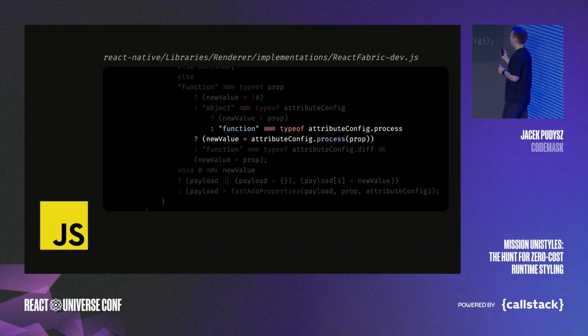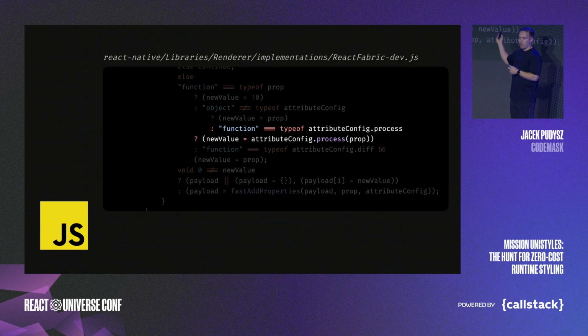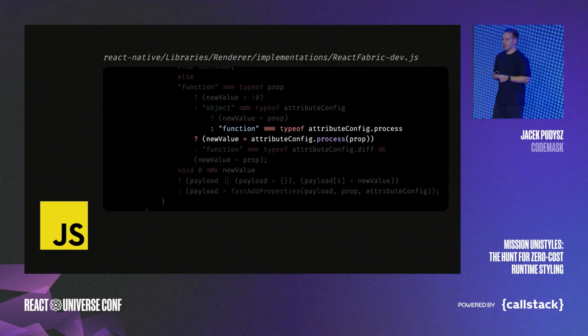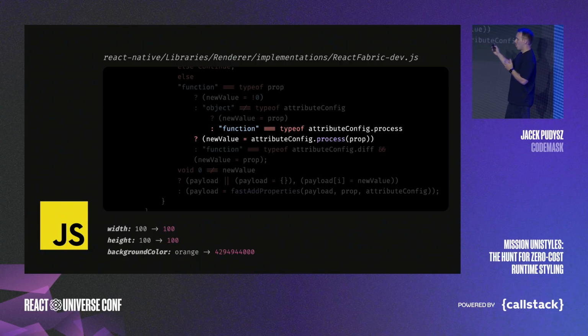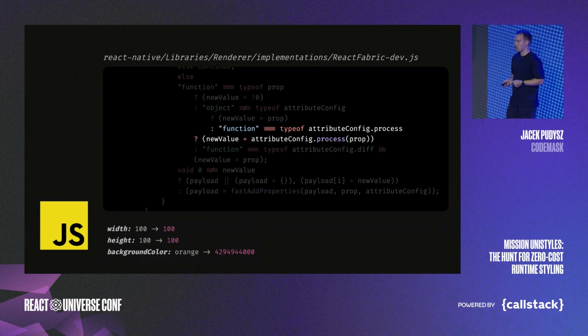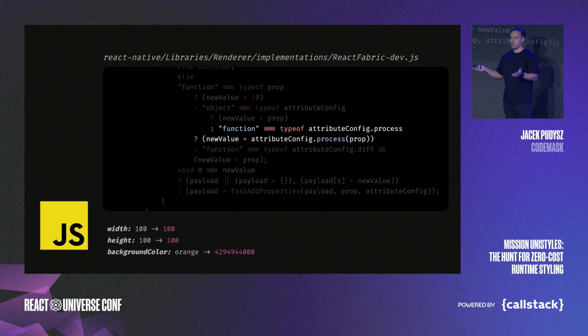If the style config is a function, is typeof function, we will call it with our property. So we will go from 100 to 100, because for the dimensions, there is no extra transformation. But for the background color, we go from orange. This is plain English. This is not a hex color. So we need to convert it to a number.